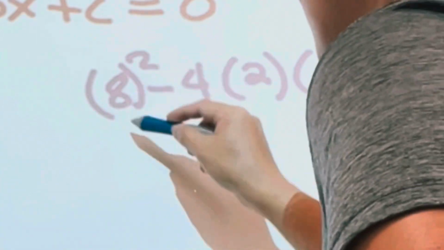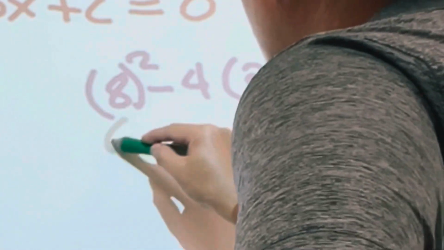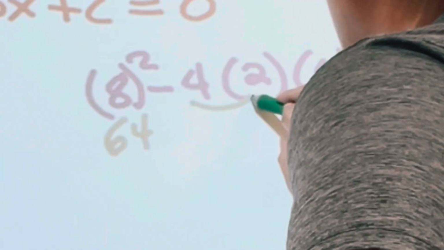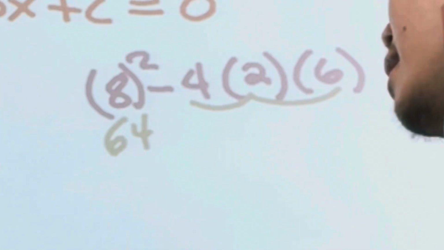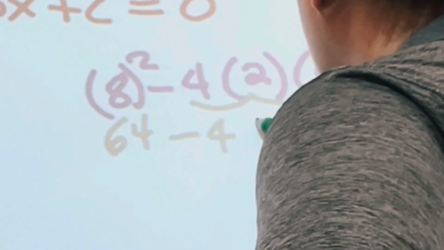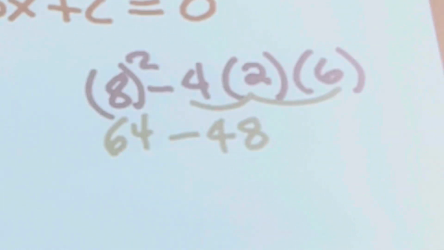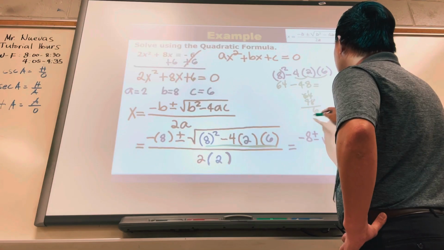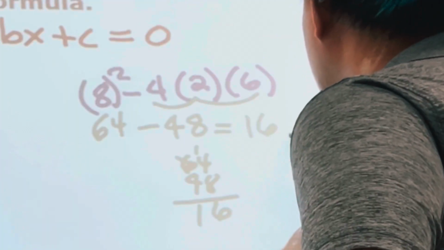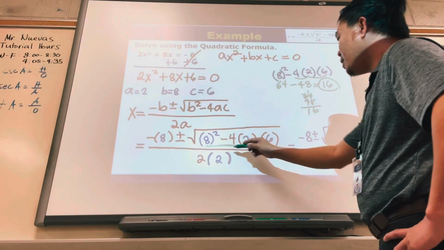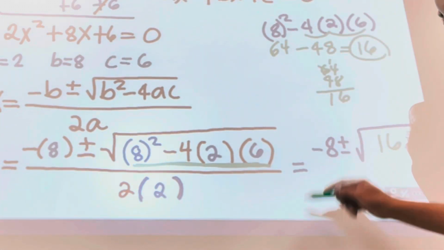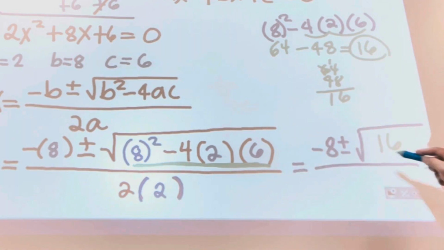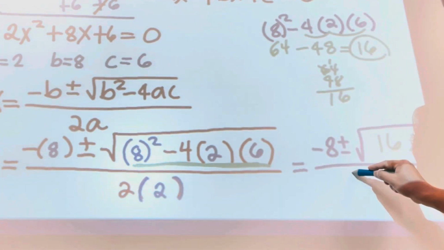So 8 squared here is 64. And negative 4 times 2 is negative 8, times 6 is negative 48. And 64 minus 48 is equal to 16. So this whole thing inside the square root is equal to 16. And then everything is divided by 2 times 2, which is equal to 4.